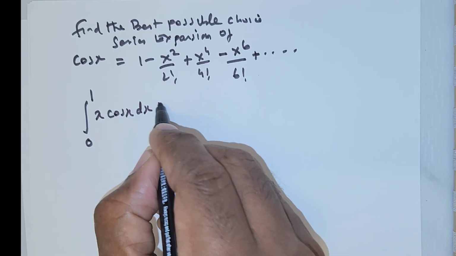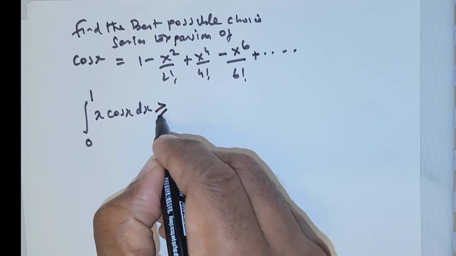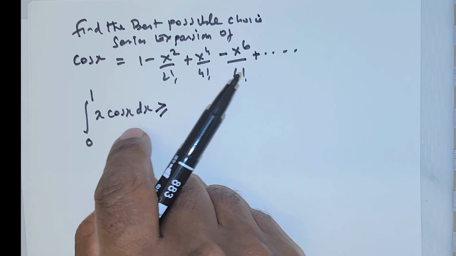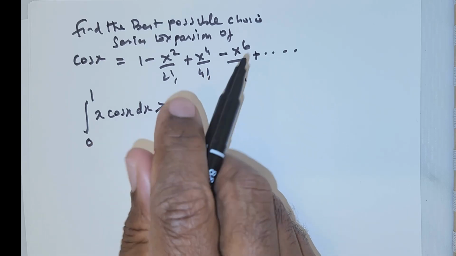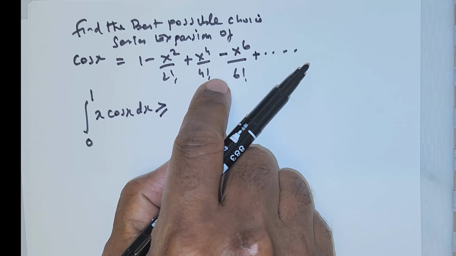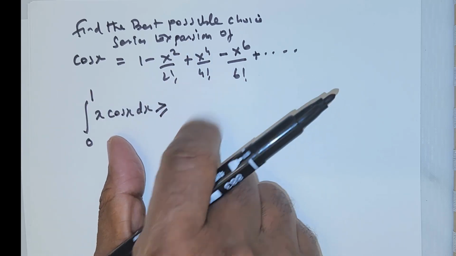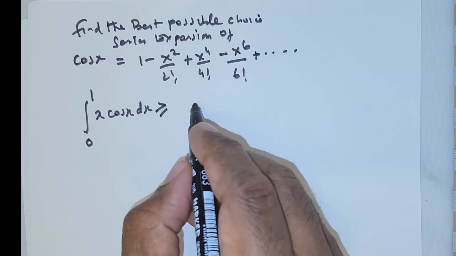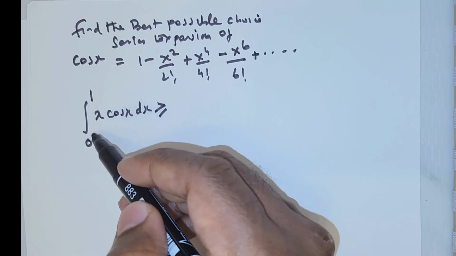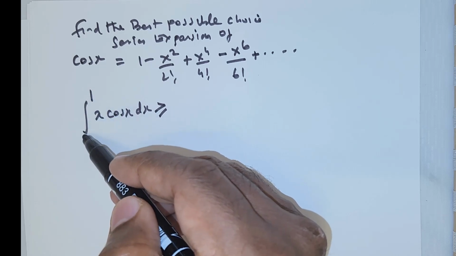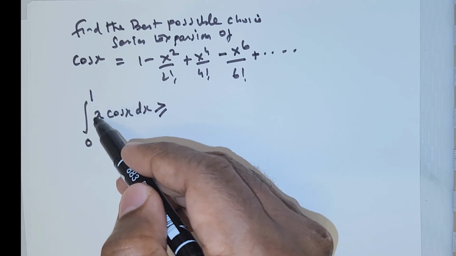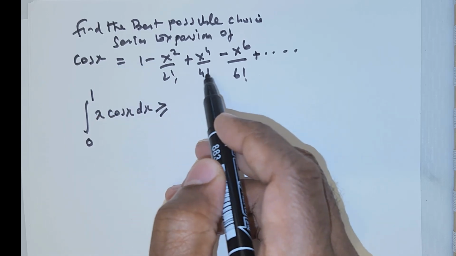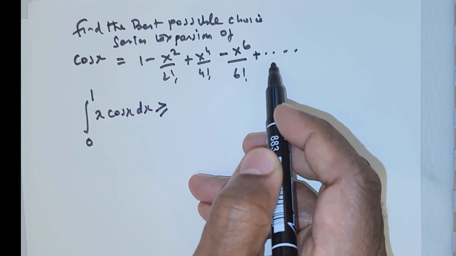So we are given this particular symbol, greater than equal to. On the right hand side for cosine expression we have this. So what I wish to do is foremost I would apply the same operation, integral 0 to 1 x times cos x dx, because I already have cos x for the expansion listed here.